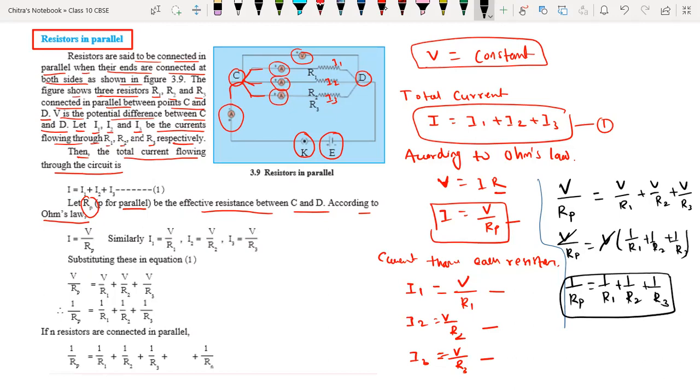Yes. So here we can conclude that the effective resistance in parallel, its reciprocal will be the sum of the reciprocals of all the individual resistors when they are connected in parallel. Right, everyone?